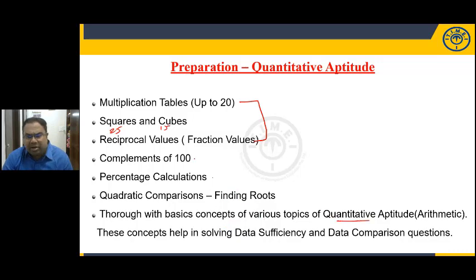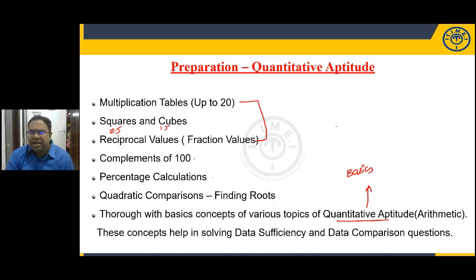Then study basic concepts of quantitative aptitude. Here, basics are very important, for 2-3 reasons. One, if you study only formulas, it is only question specific. If you have observed, bank exams have evolved in the last decade. Now you are getting very few direct questions based on formulas.